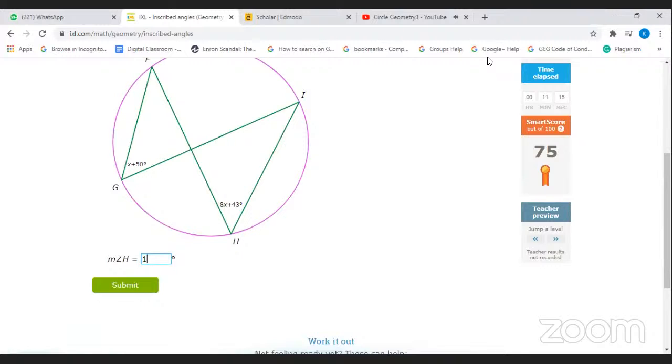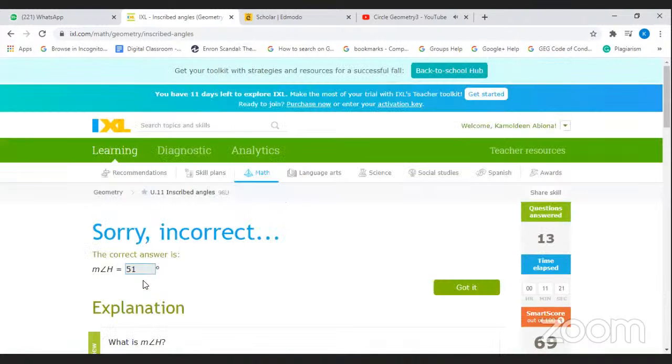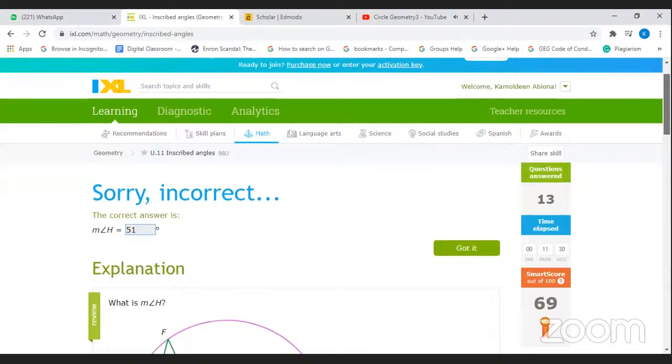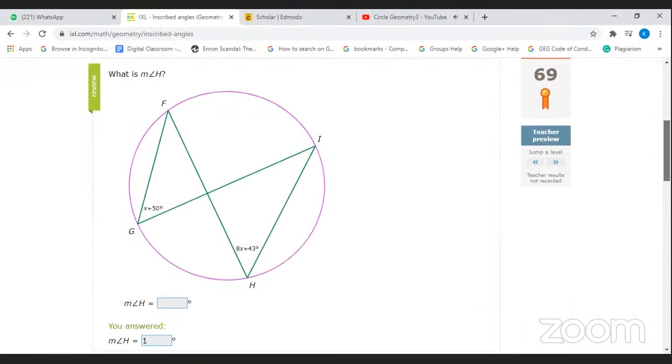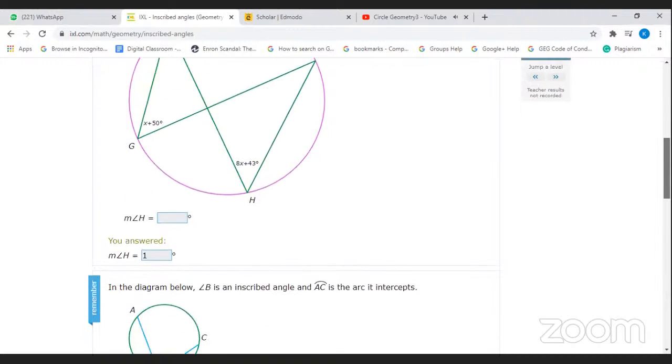It's equal to 1. So I think we can call it a day here. I wanted to write 1. I didn't know I wrote 51. The correct answer is 51. I must have made some mistake there. Let's see where the issue is.